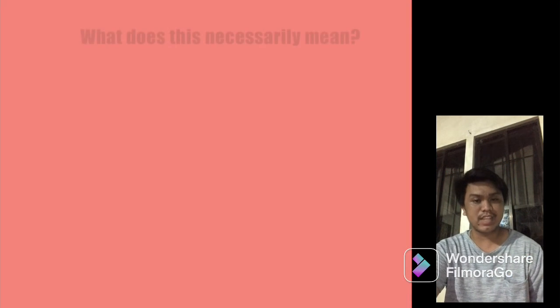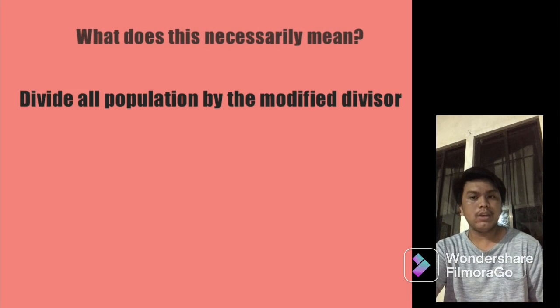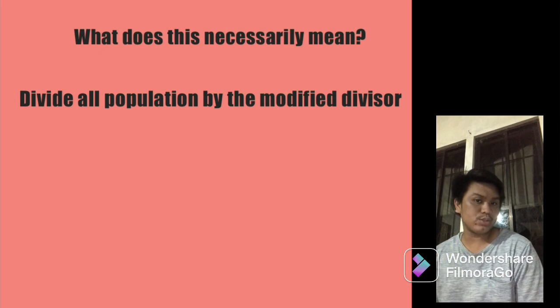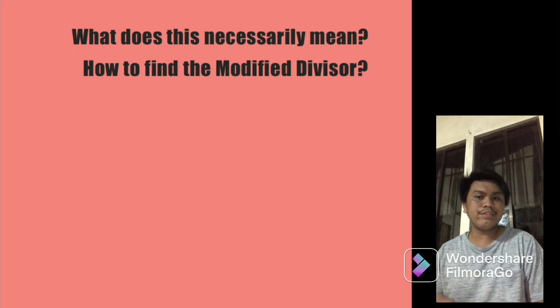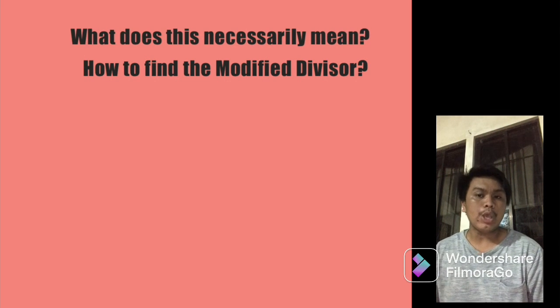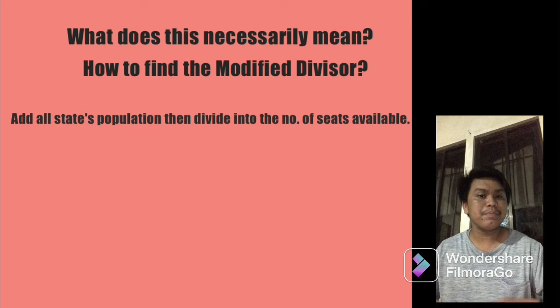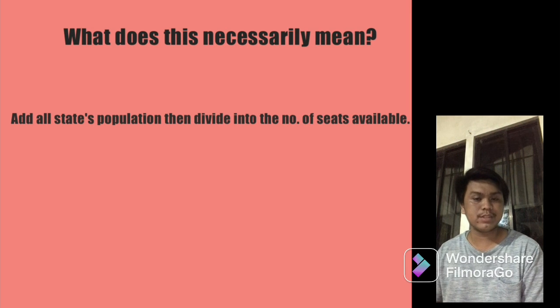So what does this necessarily mean? First, you are just going to divide all populations by the modified divisor. So how can you do that? In order to find the divisor, you first add all the populations and then divide by the total number of seats available in the House of Representatives.